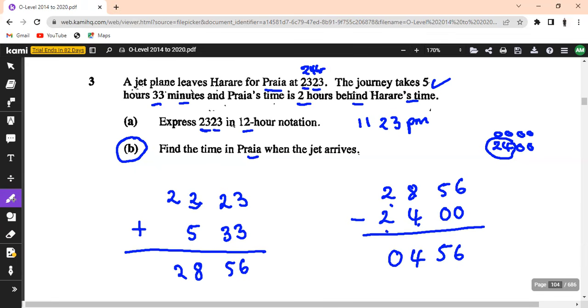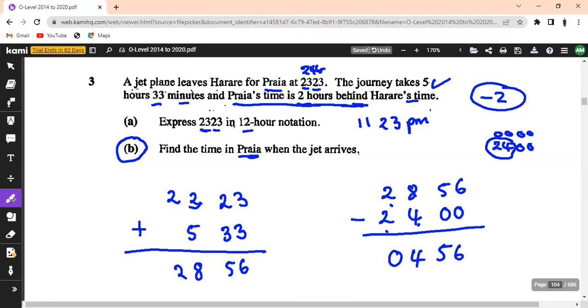So this is the time that we are going to have as a normal time when it took 5:33. But this time is the time that you are reading using the notation or the time from Harare. But now you are given that this Paria that we are talking about is actually 2 hours behind Harare, 2 hours behind, which means whenever you're given behind, you subtract.